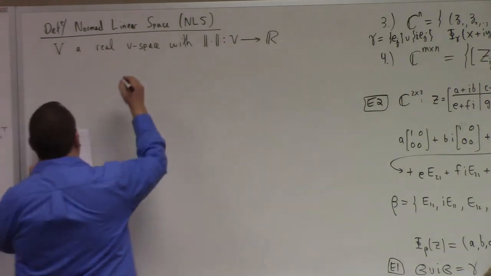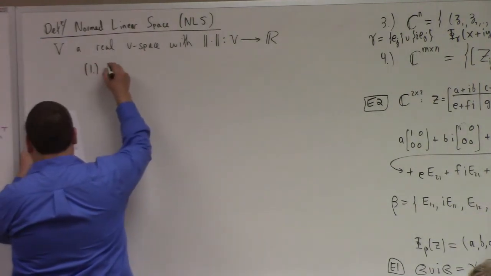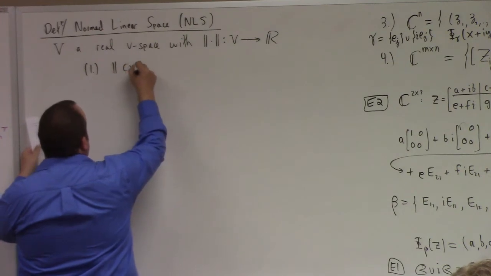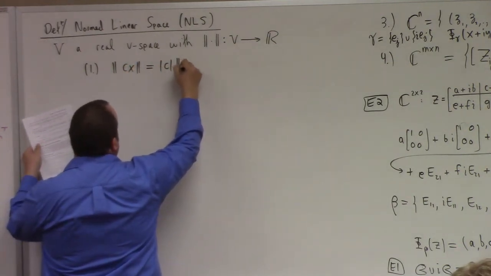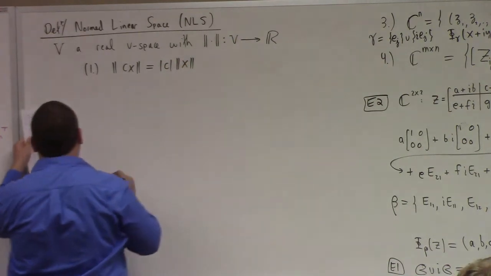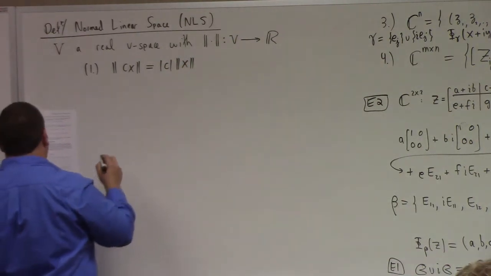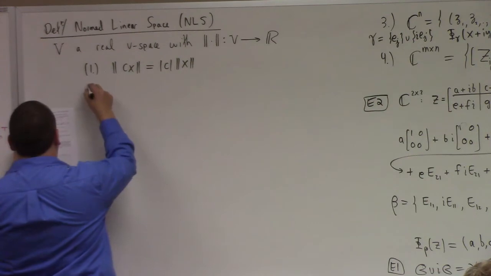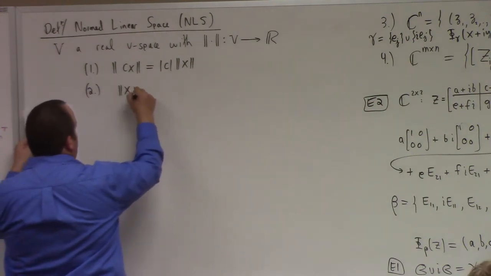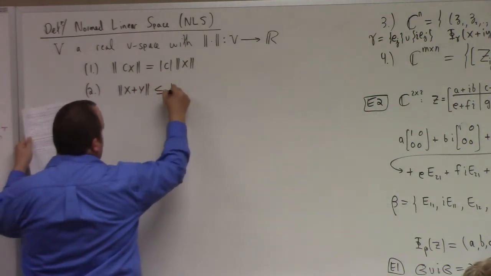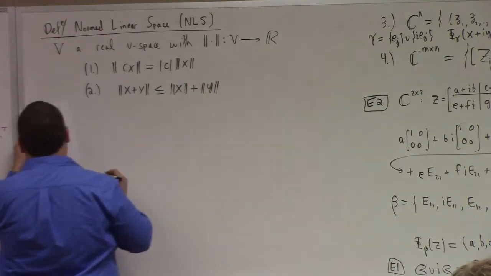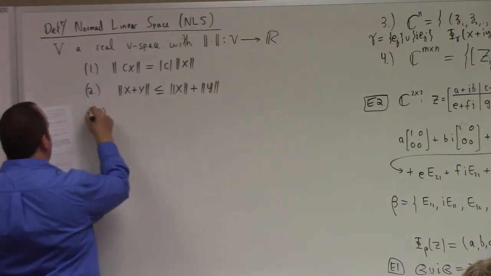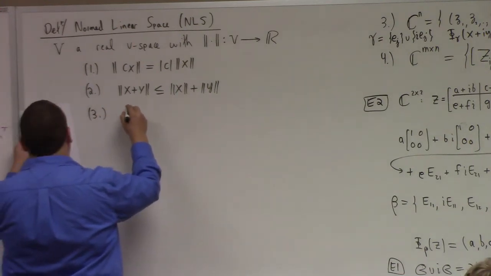Here are the properties that it has to have. 1, the norm of cx is equal to the absolute value of c times the norm of x. So you can pull scalars out, but when you do, you pick up an absolute value. 2, you have a triangle inequality. The norm of x plus y is less than or equal to the norm of x plus the norm of y. 3, the norm is non-negative.